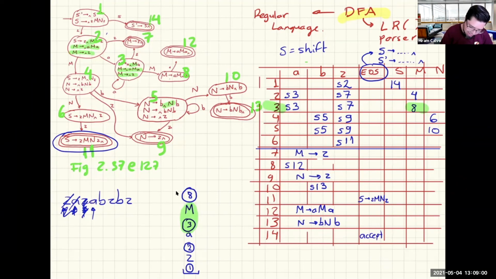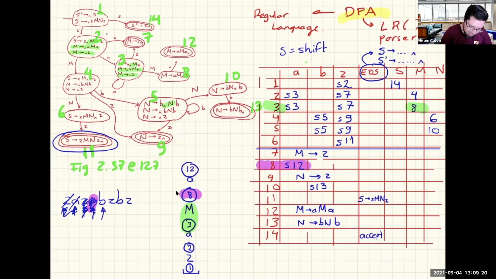So 8 and A says shift it and move to 12. We shift this A and then move to state number 12, like this.